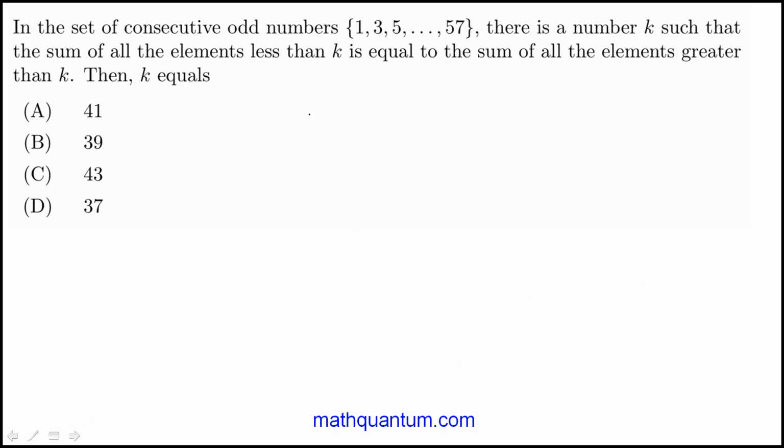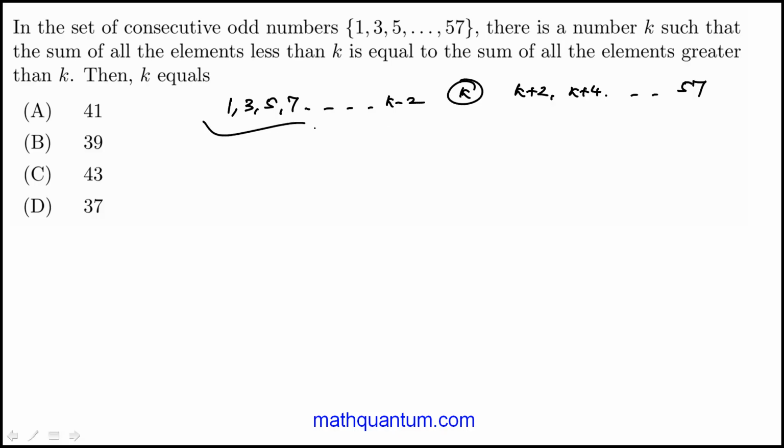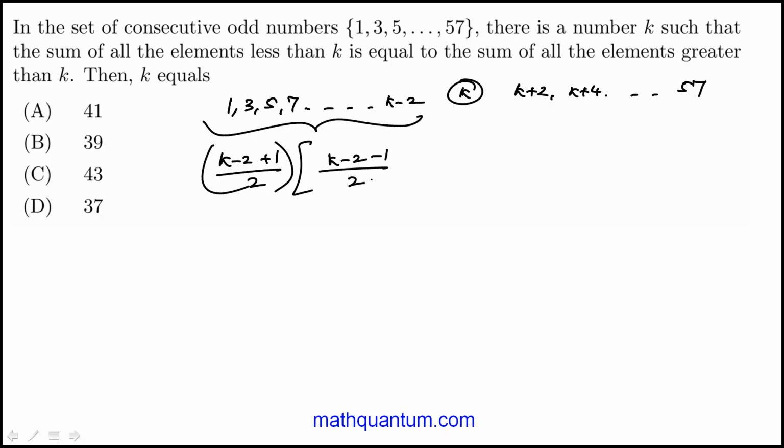And then the third would be, we can write the sum. I mean, they're all kind of linked. And this is k minus 2, this is k plus 2, k plus 4, up to 57. So here I can use this formula for the sum of an arithmetic sequence. The average would be the average of the first and last term, and the number of terms would be last minus first over 2 plus 1.